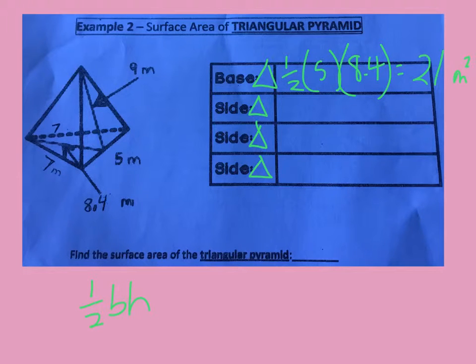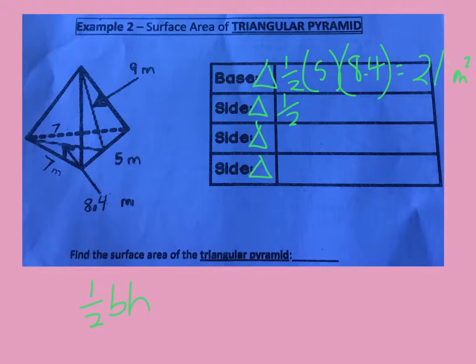Now let's go on to one of the sides. The first side I'm going to do is this side right here. It has a base of 5 and a height of 9. And it looks like all the triangles that go around this pyramid will have a height of 9, so we can use that same height. For this triangle, I'm using a base of 5, height of 9, and 1/2.